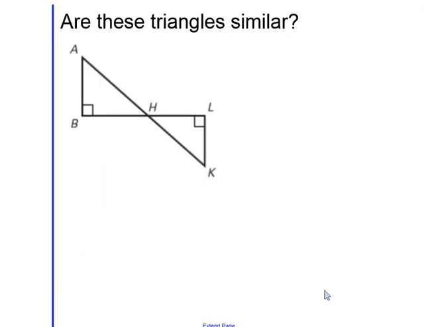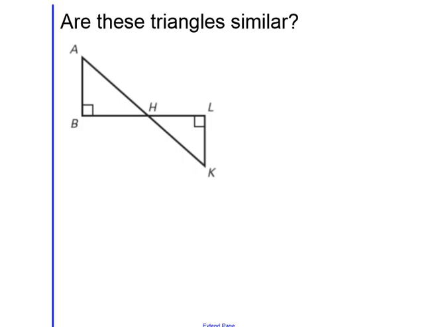So are these triangles similar? Two ways: either look for congruent angles or look for proportional sides. I'm not seeing any information on these two triangles about the sides, so let's analyze the angles.